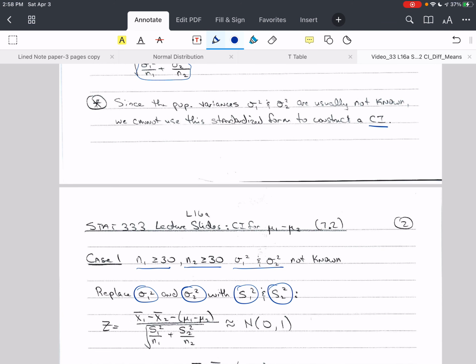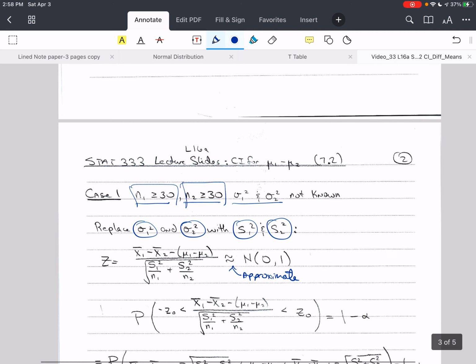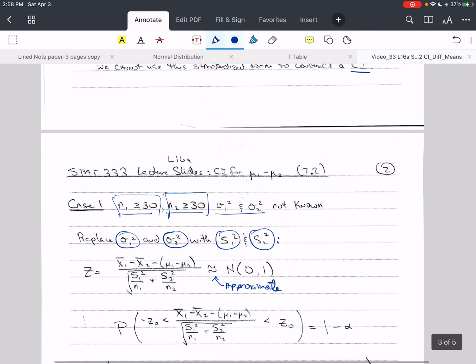And so since n1 and n2 are both greater than 30, this is approximately distributed as a standard normal distribution. And since it's approximately normally distributed, we can use z's.